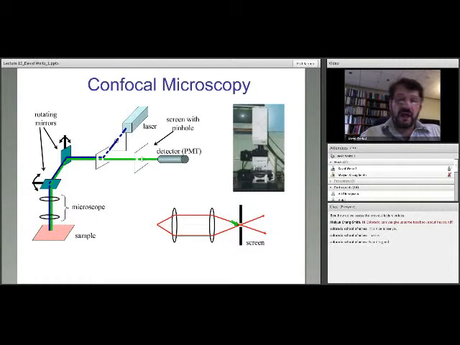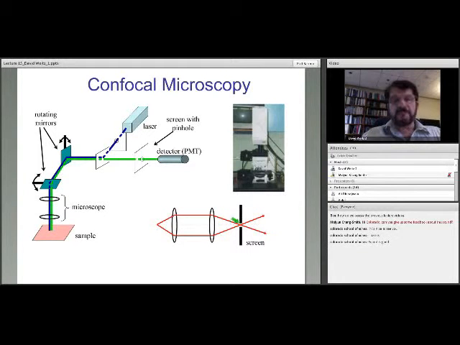That is, an image of the collected light is made exactly through this pinhole. What that means is only light that emanates from the diffraction limited spot on the sample can actually pass through the pinhole. If the light emanates from any other point on the sample, it is not focused at the pinhole and it doesn't pass through.